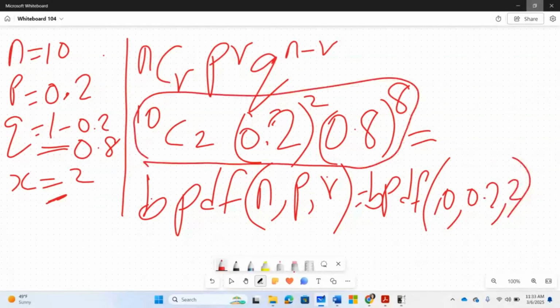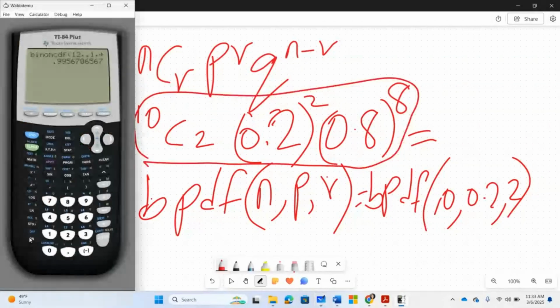So the first one I want to evaluate with my calculator is the second one. The first thing I want to do is turn my calculator on, go to second distribution. Remember, this is binomial. It is not normal. So I'm going to binomial PDF.